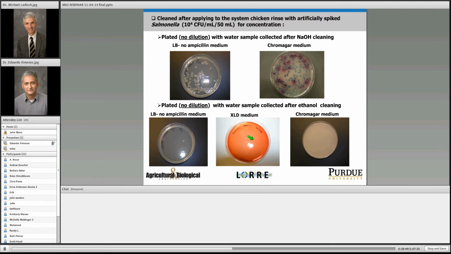And if you don't pay close attention to using fresh and sterile solution... If you pay close attention to that, and we have been testing that hundreds of times, we never see any contamination.